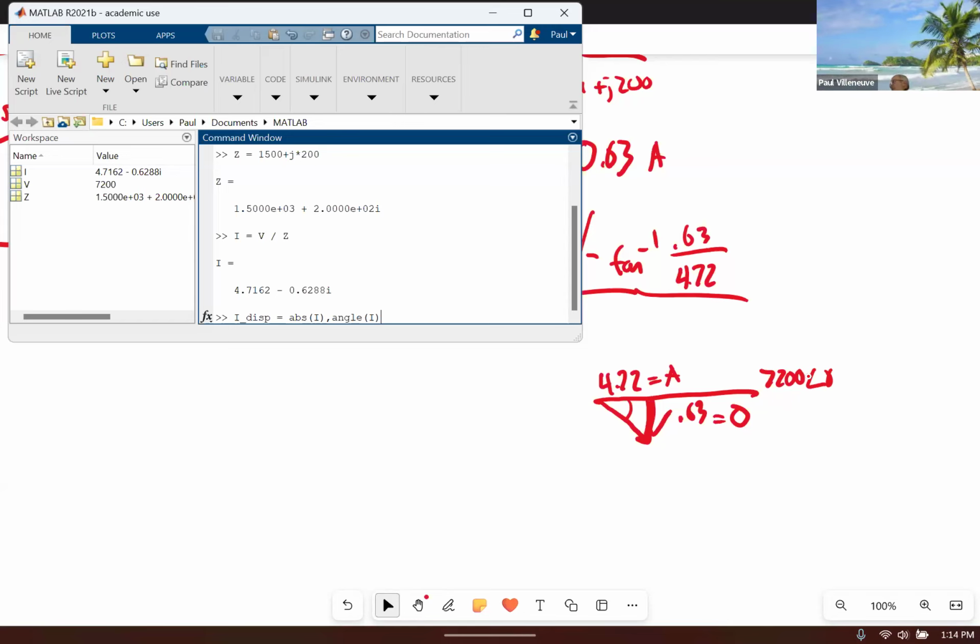MATLAB only works in radian mode. There's no such thing as degree mode. So if I want to go from radians to degrees, what do I need to do? Multiply by 180 over pi, right?